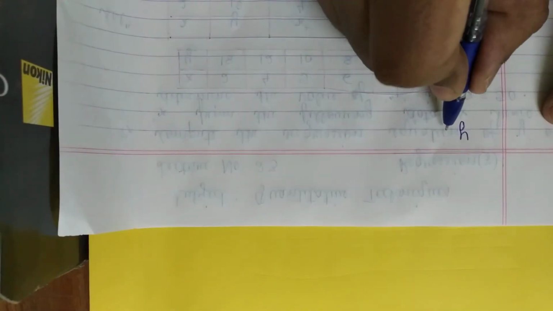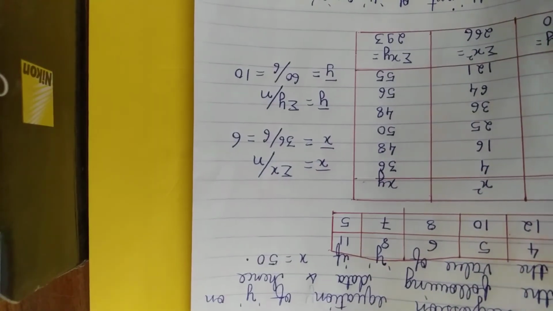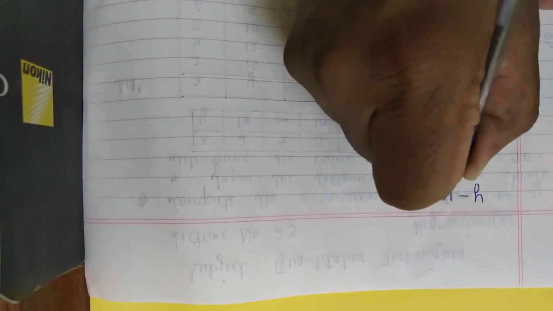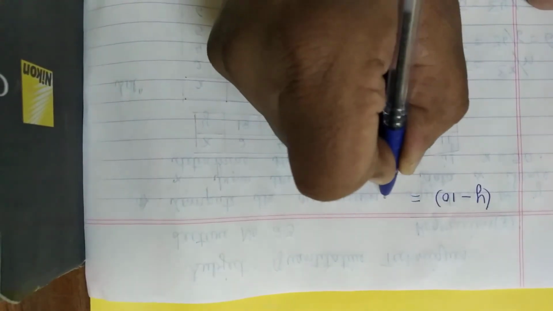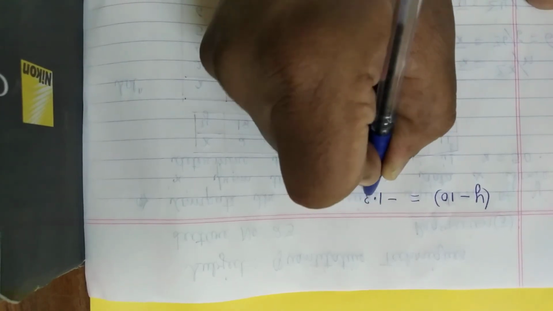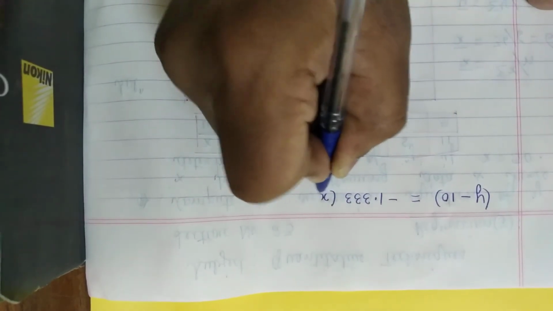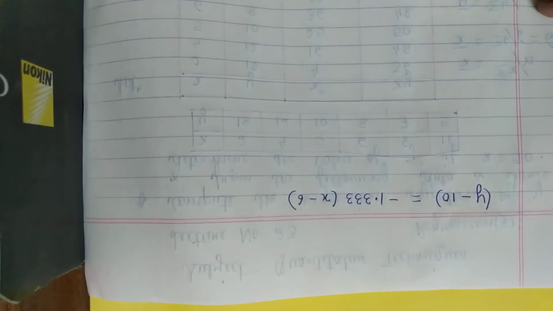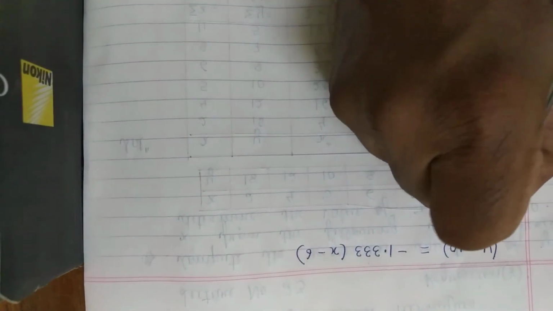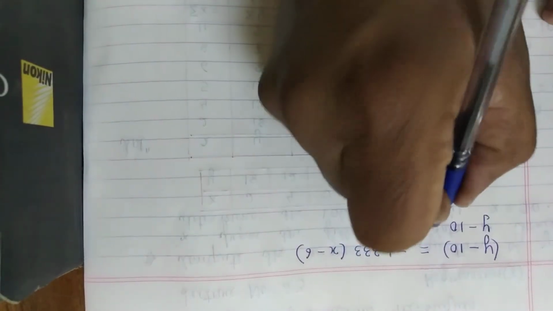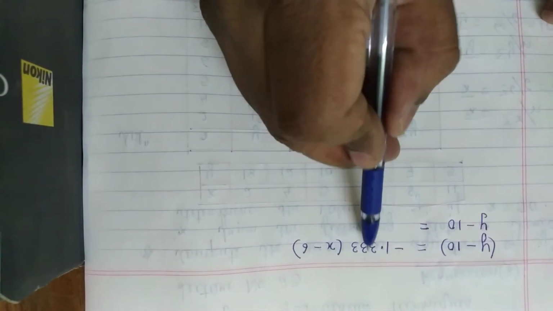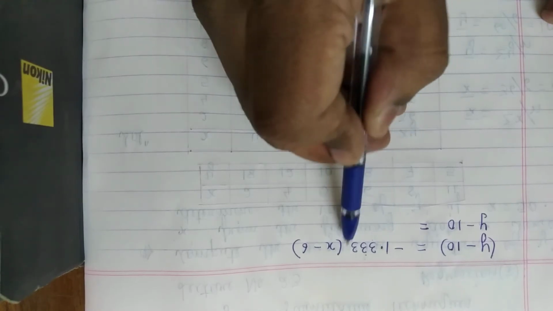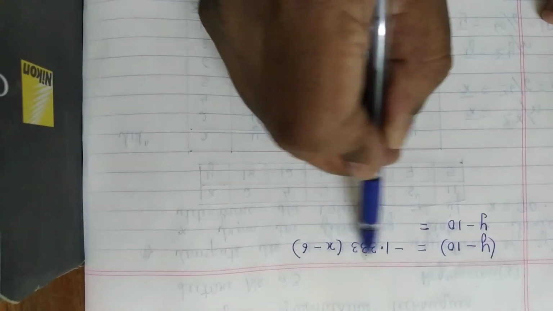So y minus, what is y bar? Y bar was 10, is equal to byx, which is minus 1.333, multiplied by x minus x bar, which was 6. Okay, so y minus 10 is equal to, now when you open the bracket, this number will be multiplied by this and this number will be multiplied by this.